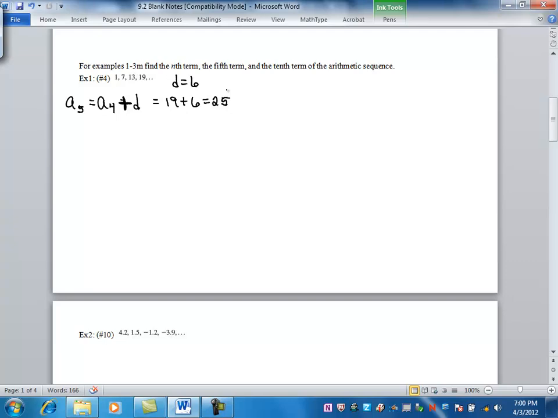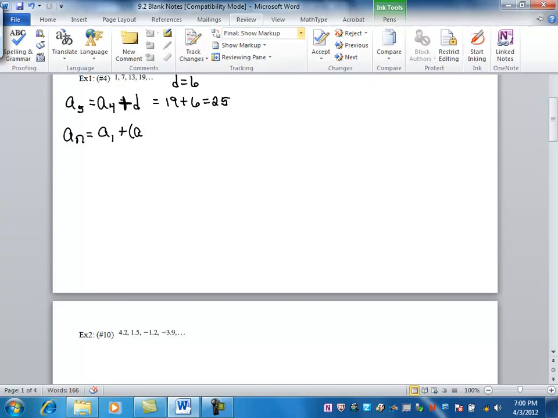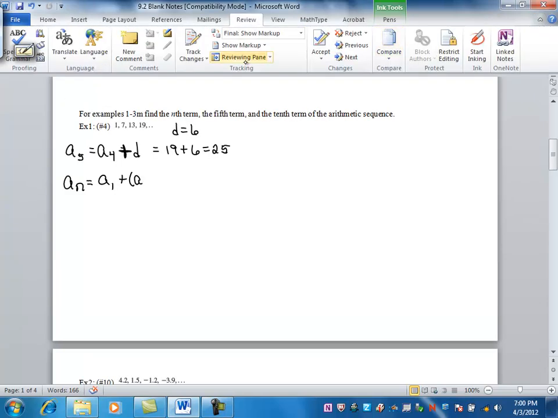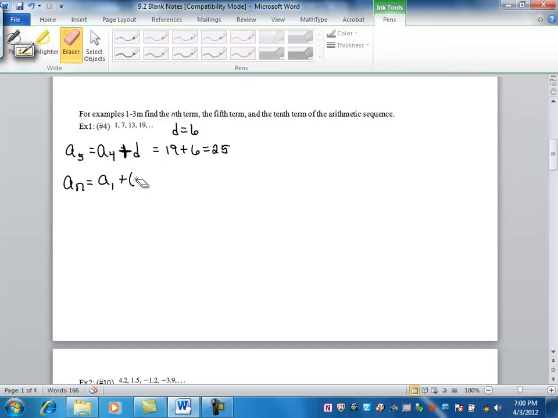Now, if I want the nth term, I think we can figure this out. The nth term, a sub n, is equal to the first term plus n minus 1 times my common difference.